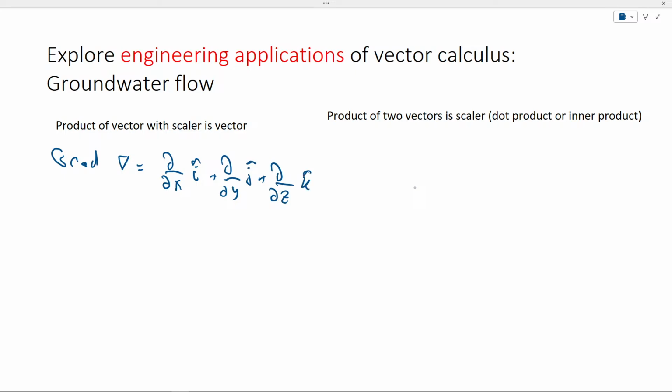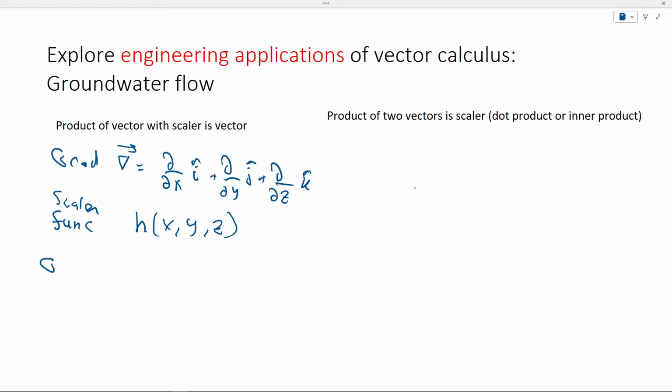This is the gradient, a vector guy. And I have my scalar function, the head at x, y, z at different points in my aquifer.